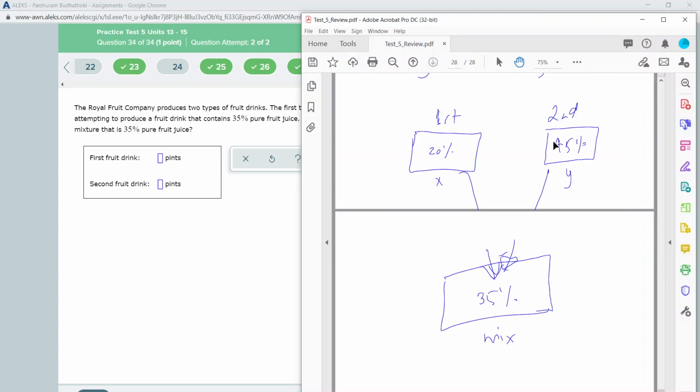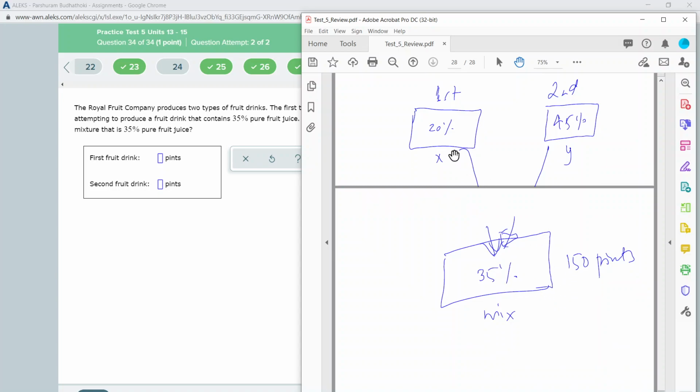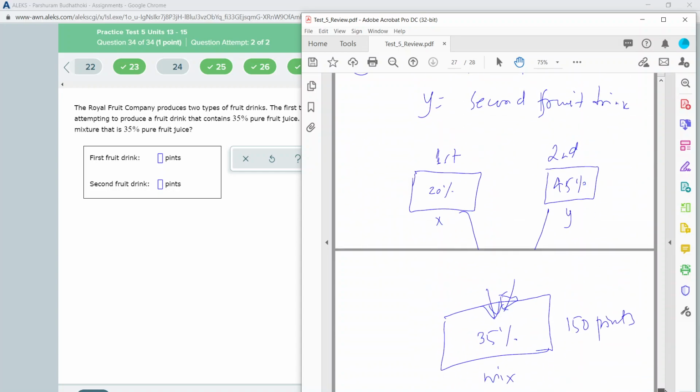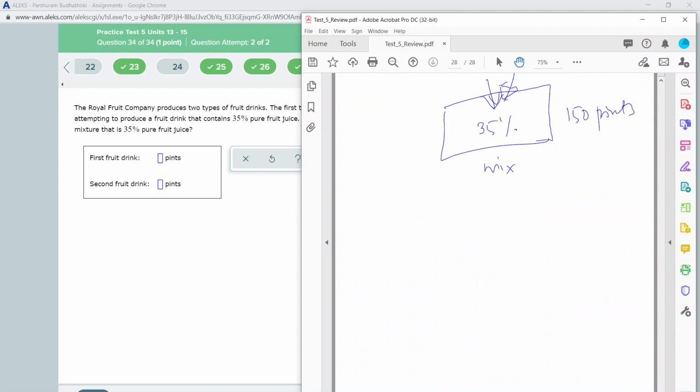Remember, the first one is 20% pure, the second one is 45% pure, and when we mix them it should be 150 pints, but 35% pure. One thing to keep in mind: we use x pints of the first drink and y pints of the second drink, and after mixing, x plus y becomes 150 pints.